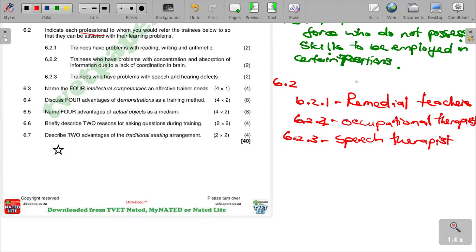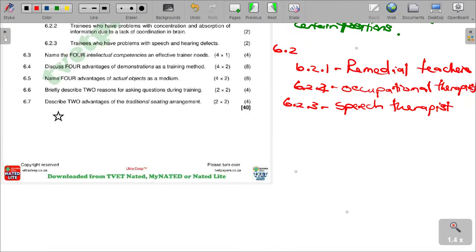Let's go to question 6.3. Name four intellectual competencies an effective trainer needs. Here we are going to talk about intellectual competencies. So a trainer is supposed to have cognitive skills, which is what you call reasoning, and then affective skills.